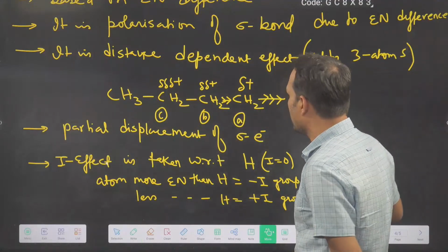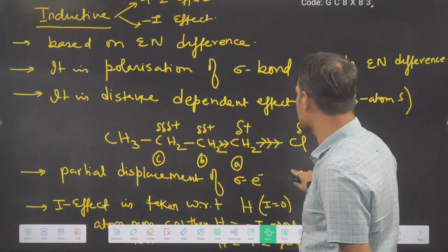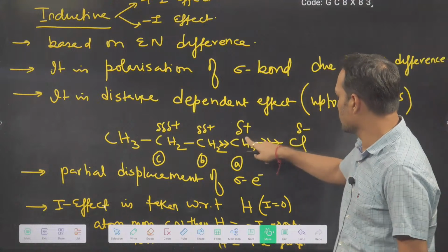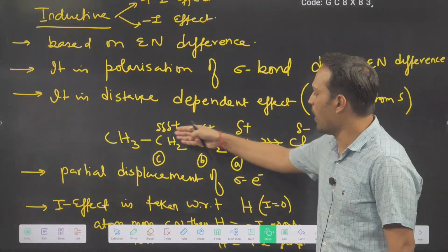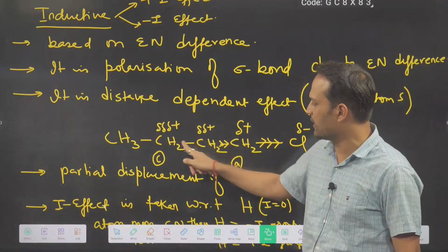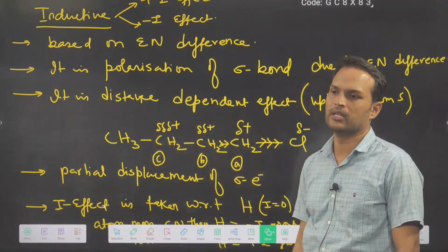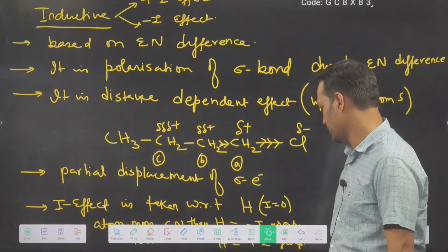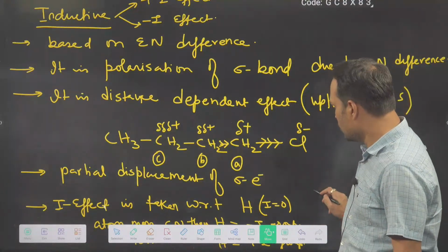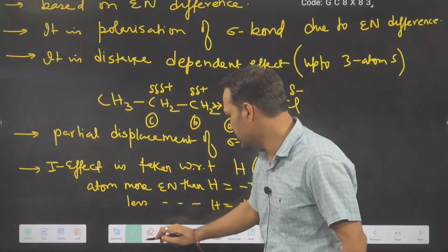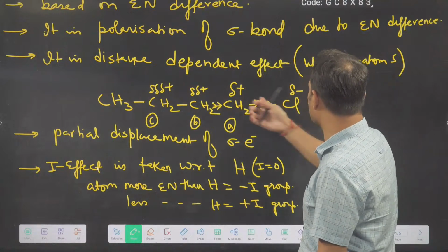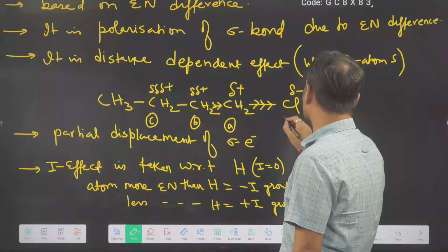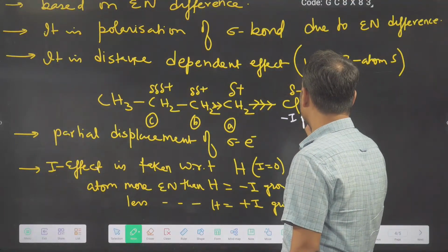Third point, we are saying it is distance dependent. Distance dependent means the closest one has more effect, and as you move away from this chlorine, the effect is becoming negligible. Effect is decreasing. In this example, chlorine is withdrawing electrons, so this is a minus I group.